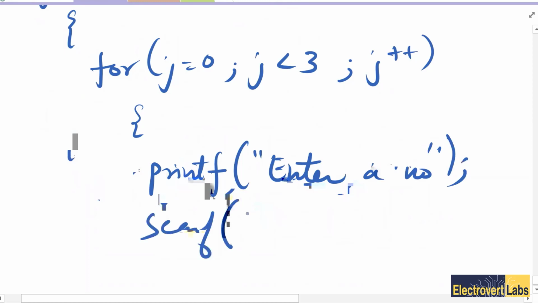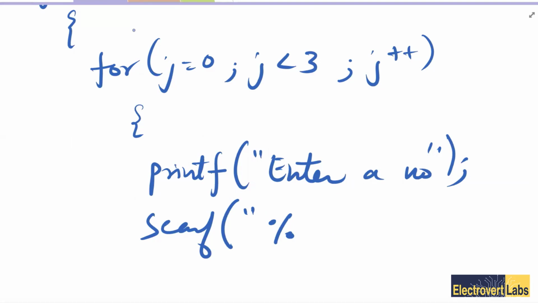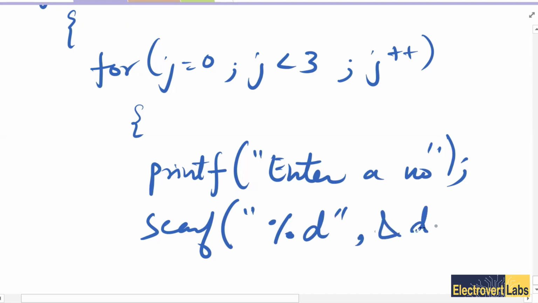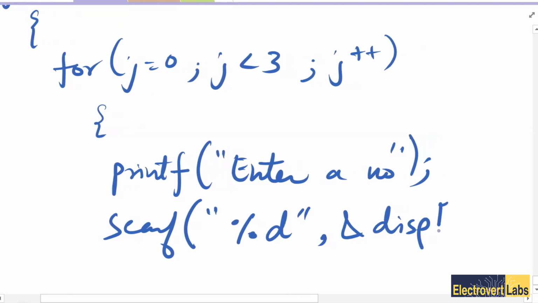Scanf. See, don't get confused. I and j are basically changing the index numbers, so the current values of i and j refer to a certain set of index numbers which refer to a certain variable of the array. So that variable is an integer data type, right? So we can just write it like this: &display[i][j].